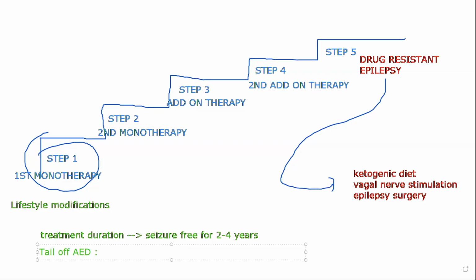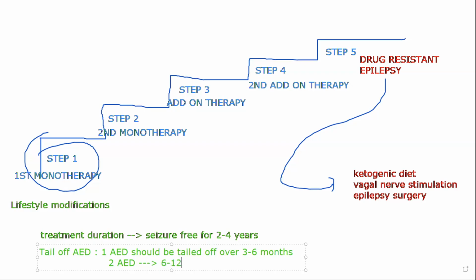How we tail it off is one anti-epileptic drug will be tailed off over 3 to 6 months. So if the patient is on 2 anti-epileptic drugs, okay, then both of them should be tailed off over 6 to 12 months.